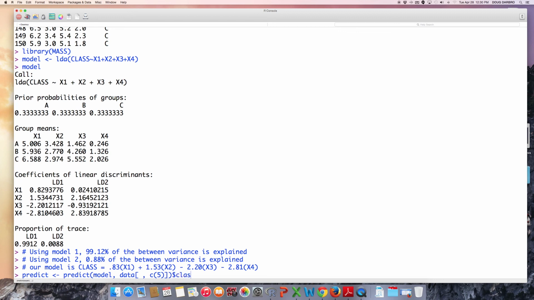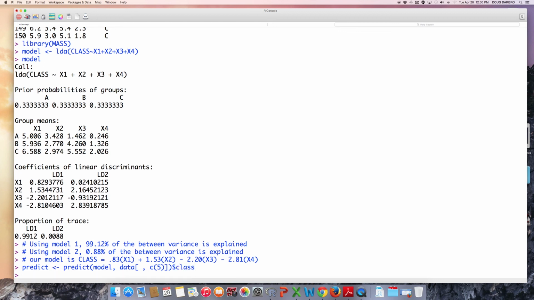I got to tell you, I'm distracted by something going on outside. Okay, so these are our predictions, and it's really cool to take a look at our table. So we can do our table of our predictions over our data of all rows but the fifth column.